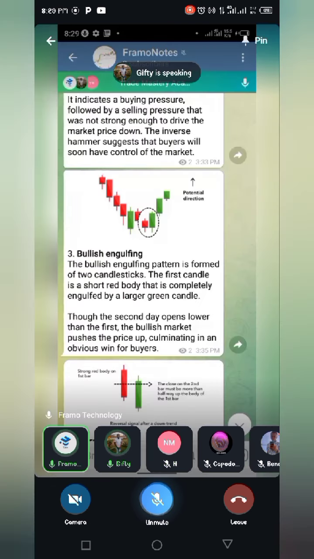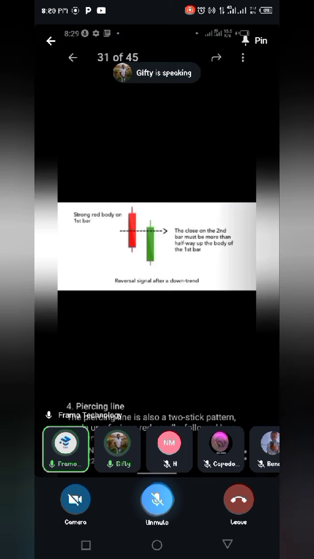So the next one is the piercing line. This time around, we will have two equal candlesticks, the red followed by another green. But the green, which opens lower than the red, should at least be able to move and close at half of the previous candle.